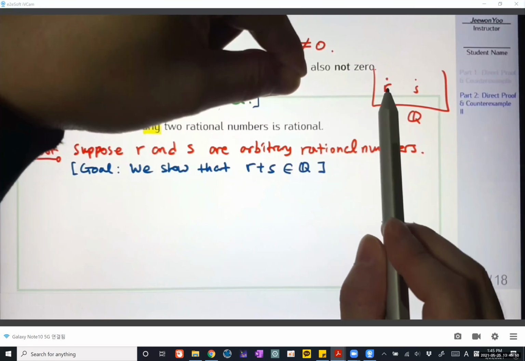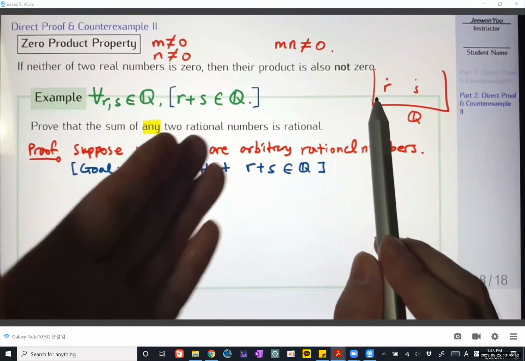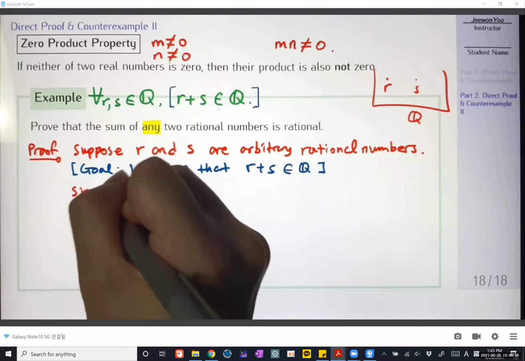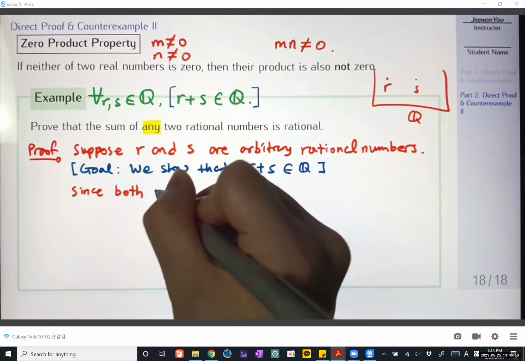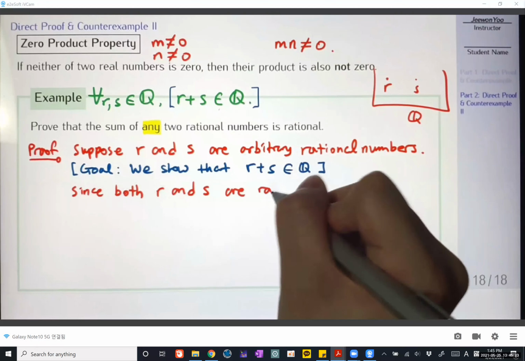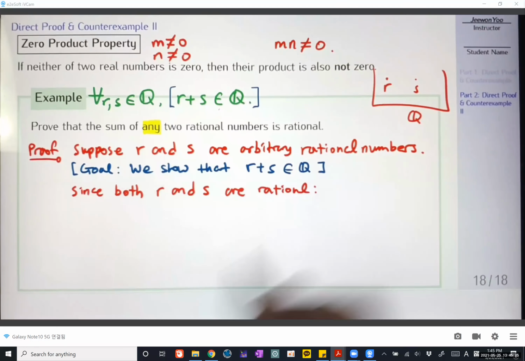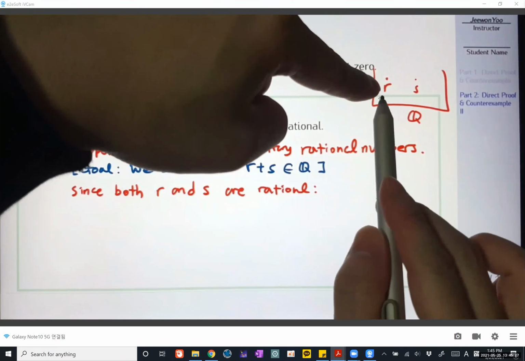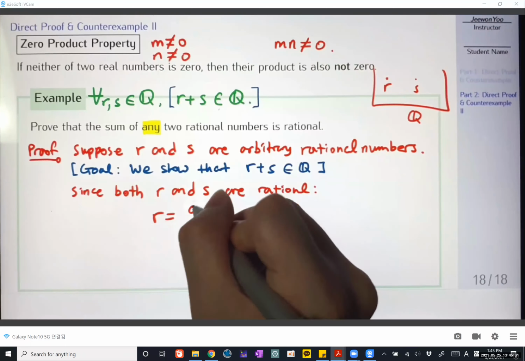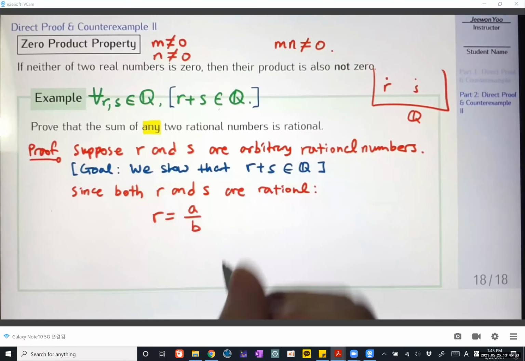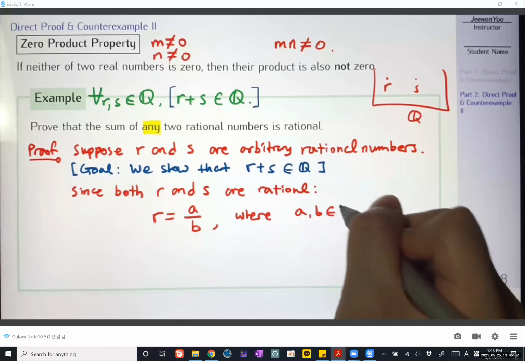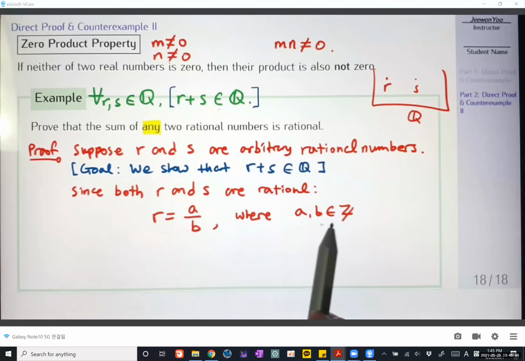R can be written as some fraction A over B. Since both R and S are rational, R can be written as A over B, where A, B belong to some integers.